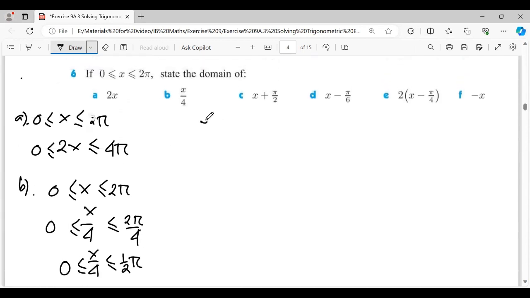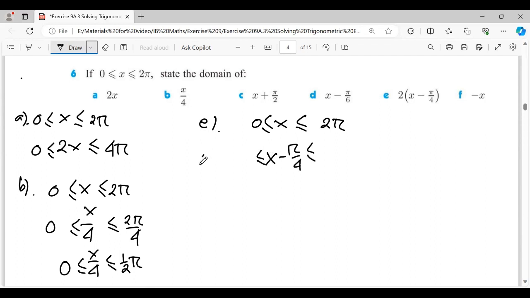E. This one. Firstly, I'm going to find x minus pi over 4.